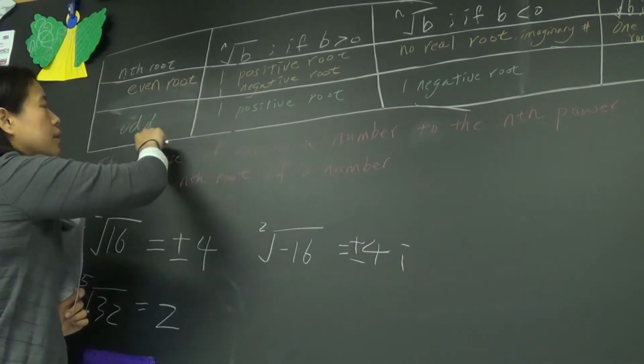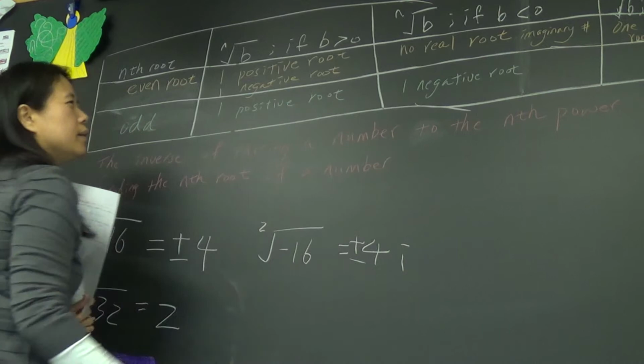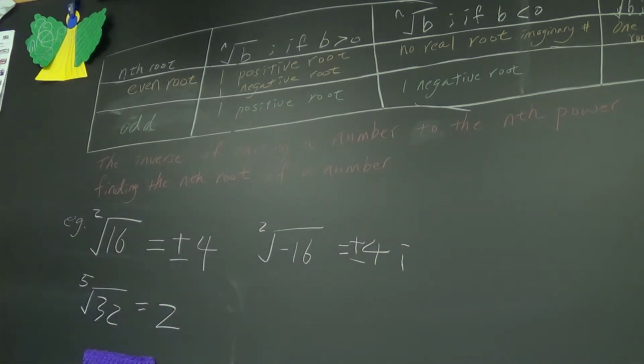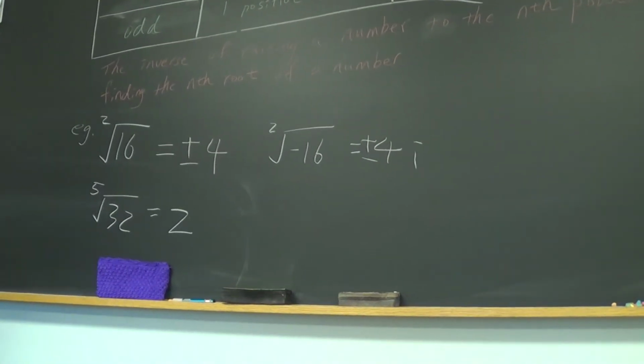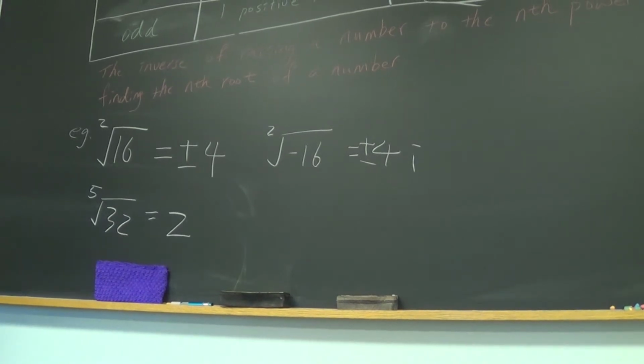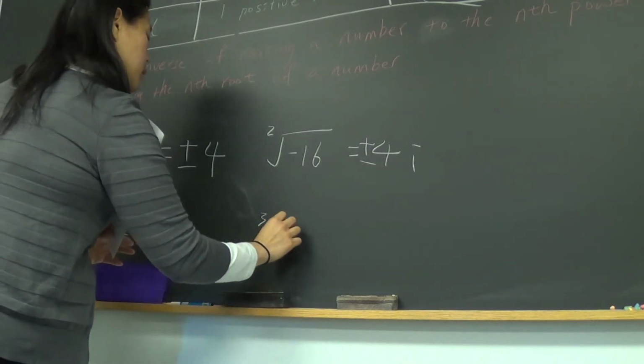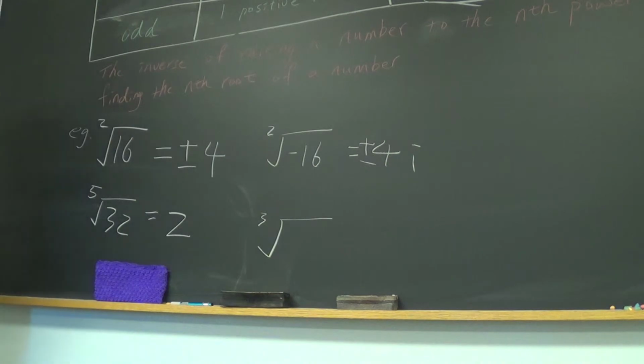The n root is odd, and b is less than 0. The n root can be 3. Okay. And then the radicand, remember this radicand?